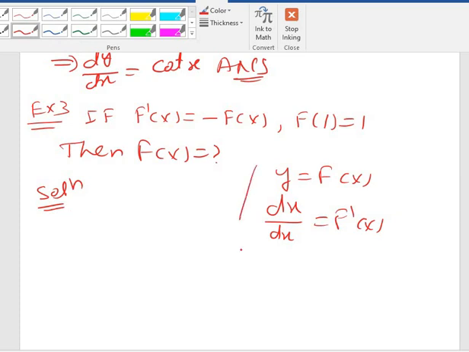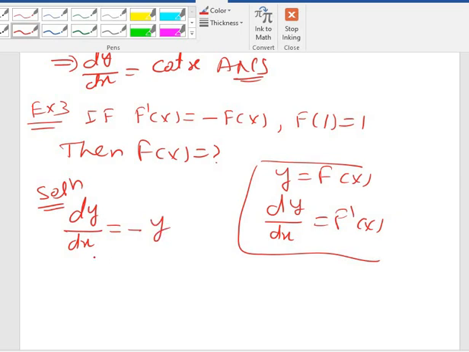In place of f dash x, we write dy dx. So dy dx equals minus f of x, which means minus y.